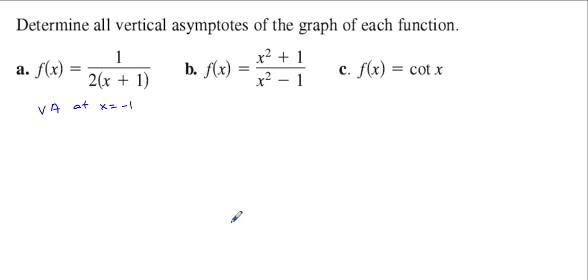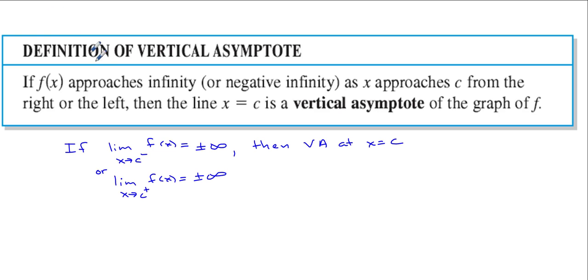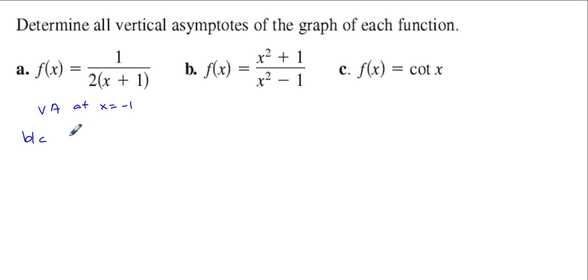Okay. What if I made you guys justify or give a reason for your answer? We could say because, and then, well, how is a vertical asymptote defined? By a limit. So now we have to have a limit as part of our justification.